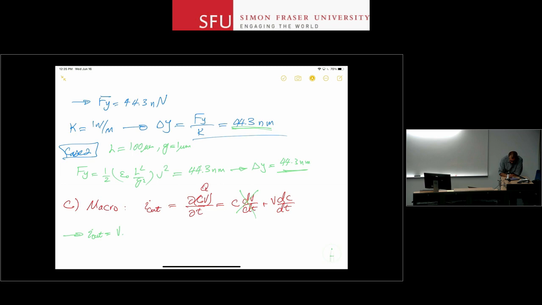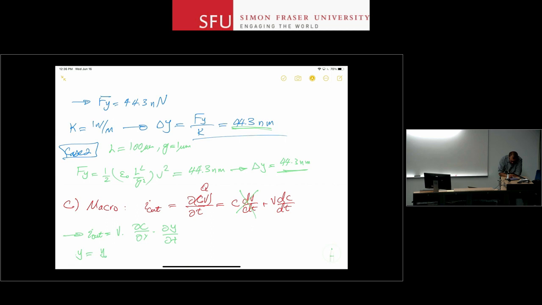With my DC voltage applied between the two plates, I can write dC over dt as dC over dy times dy over dt. dC over dy I've already calculated, from the section above. But for dy over dt, if it is going up and down at 1 hertz, I can write y as the amplitude of motion, which is 44.3 nanometers in both cases.